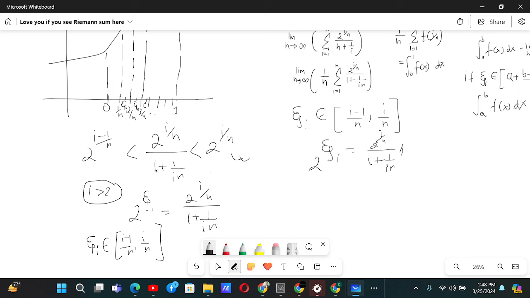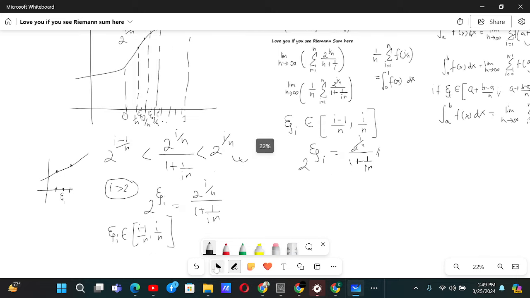And why? By the intermediate value theorem: because the function is continuous, and there are two heights, if the height lies between these two values, obviously there should exist some point in between them. So that's why we can say a chi exists.